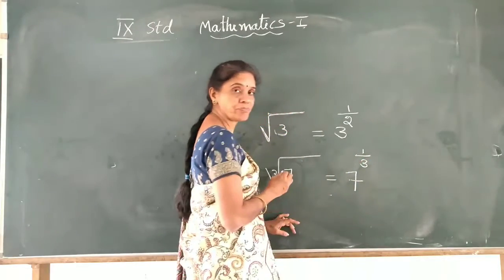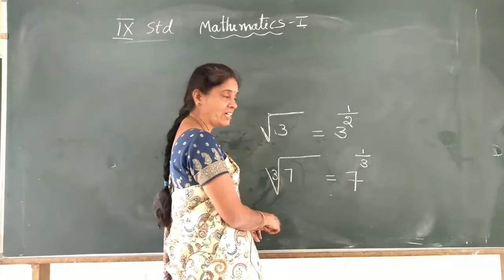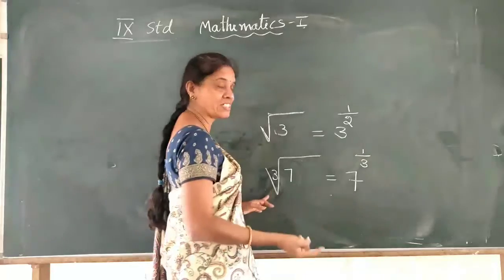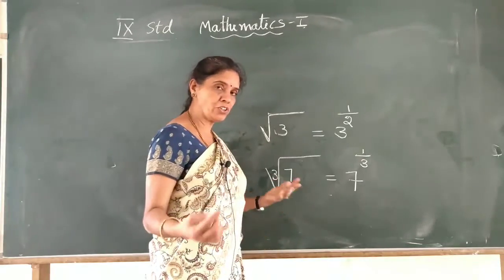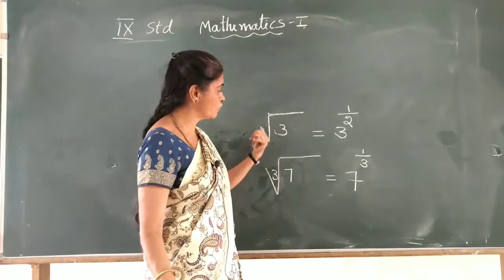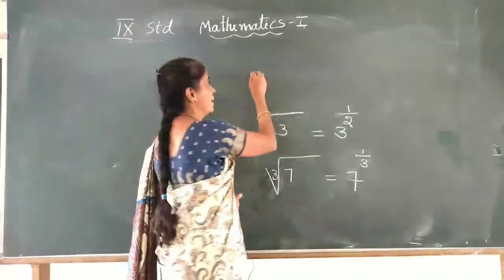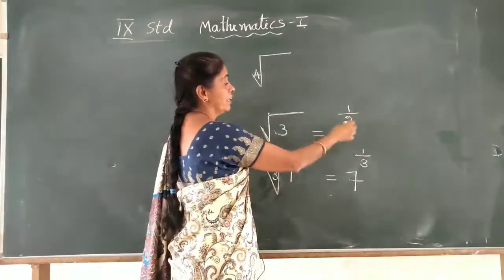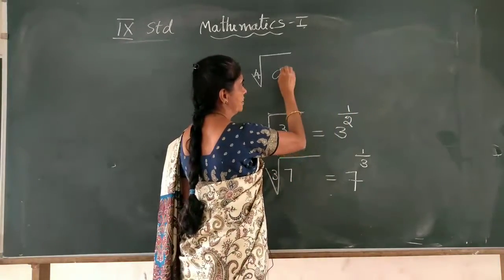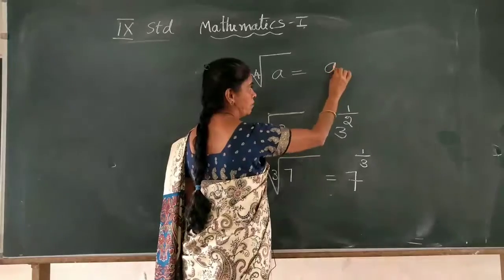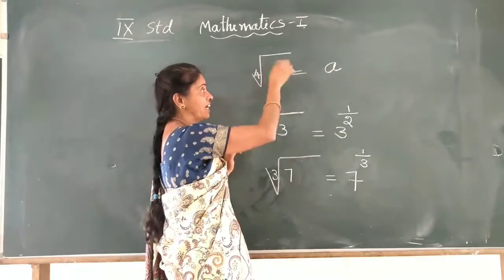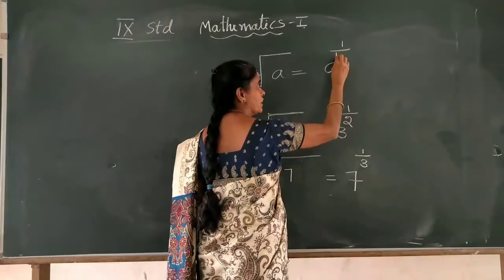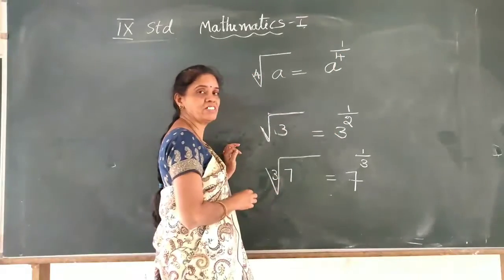If it is a fourth root, or a fifth root, which you haven't studied yet, whichever root it is, the number inside the root is the base, and the exponent is 1 over that particular root.